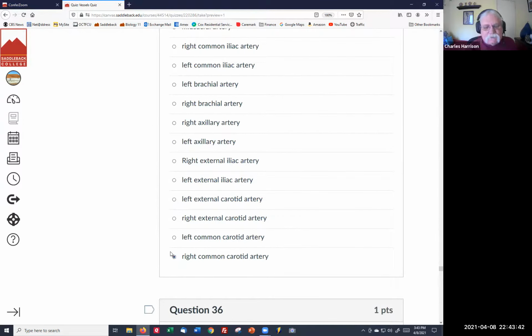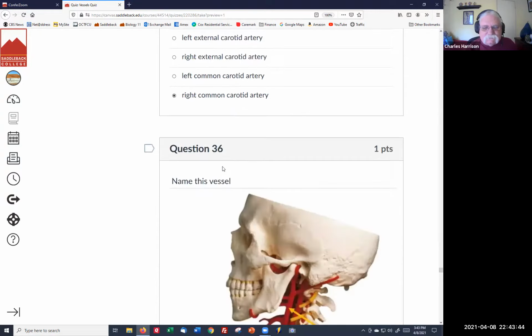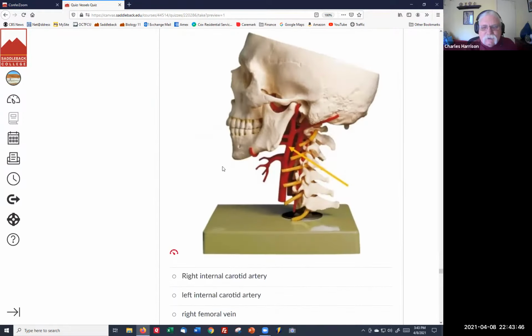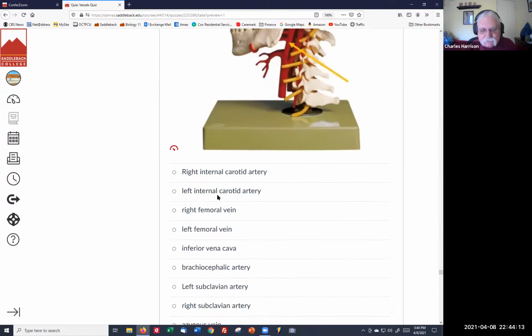The very last one. Name this vessel. This is one of the jugular, I'm sorry, the carotids. Here's the common carotid. This one's the internal carotid going up inside. This is the external carotid, and it's on the left side, left external carotid.